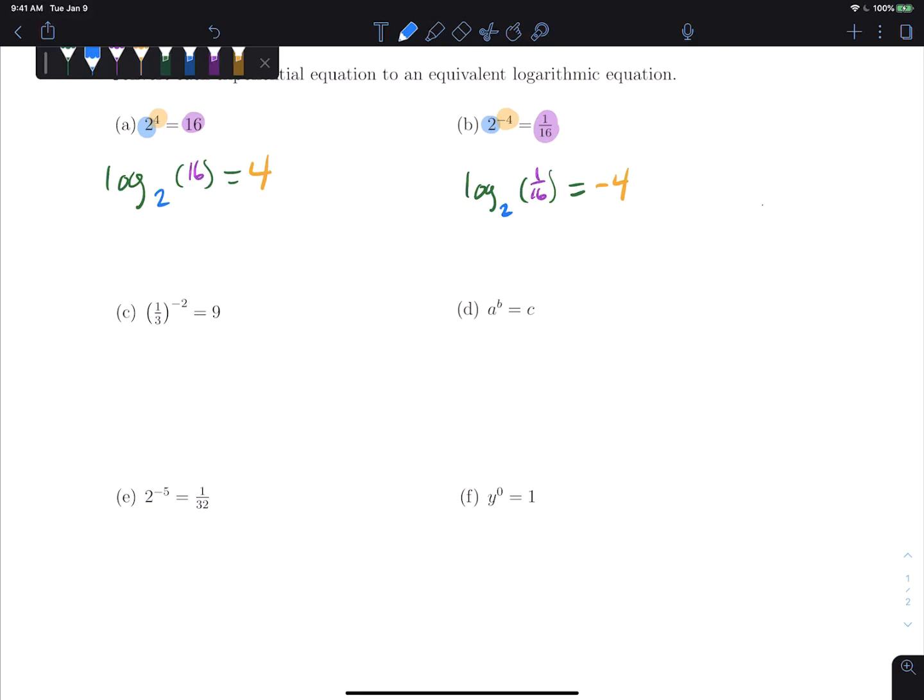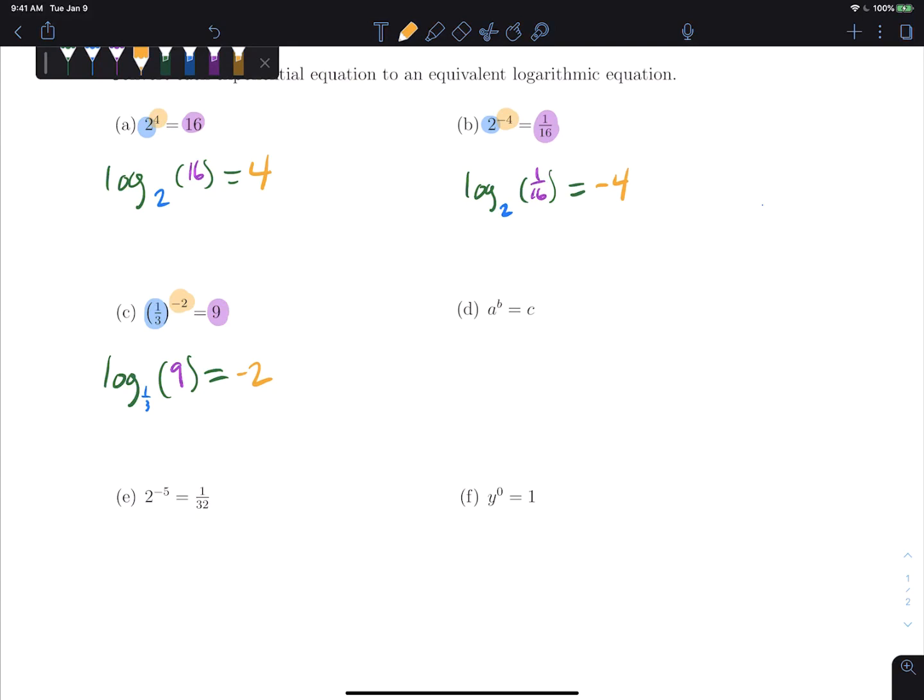Awesome. Letter C. 1/3 to the negative 2 power equals 9. Notice that the base is 1/3. So this is going to be log base 1/3 of, in this case, 9 is equal to the exponent of negative 2.